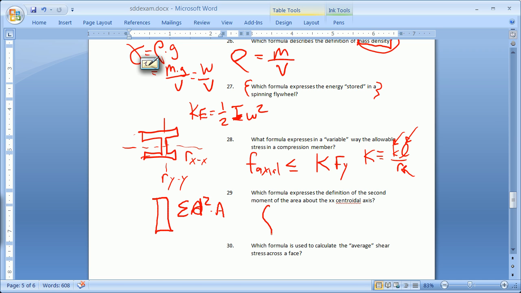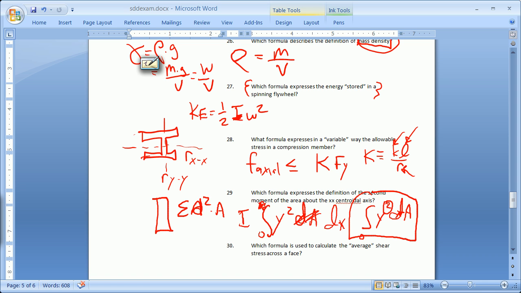With calculus, it's the integral of y squared dA, from 0 to all the area. All right, so that is the one I was looking for, the integral of y squared dA. I will let you know that one might actually have it wrong, so I have to check what I put in there. But basically, you're looking at the second moment of the area.